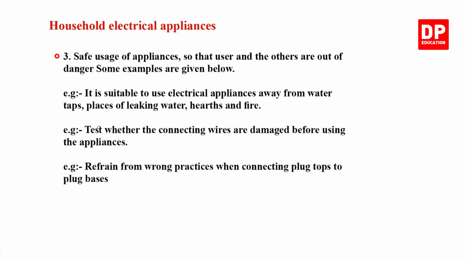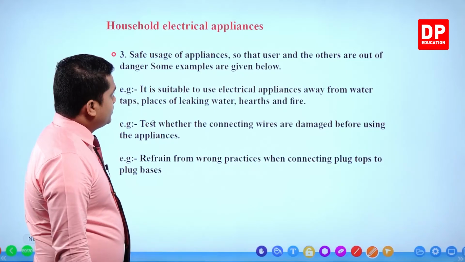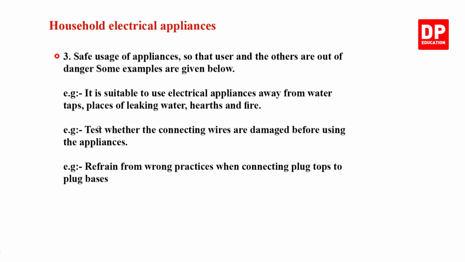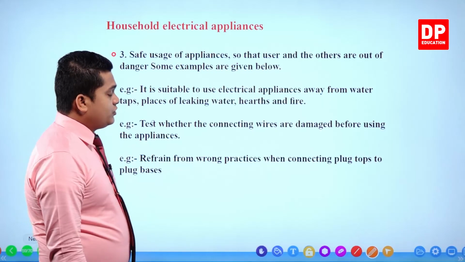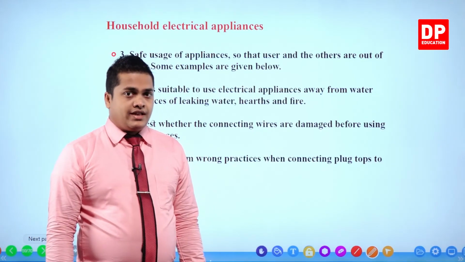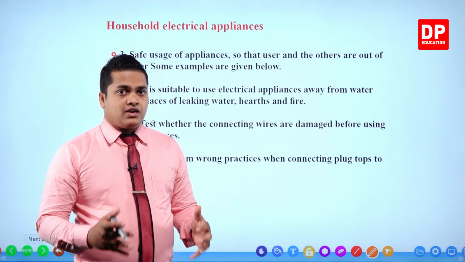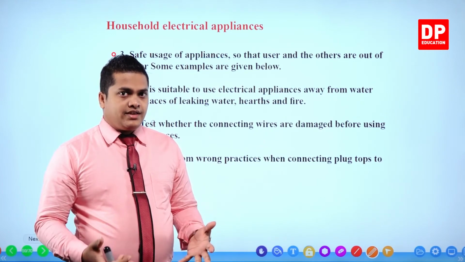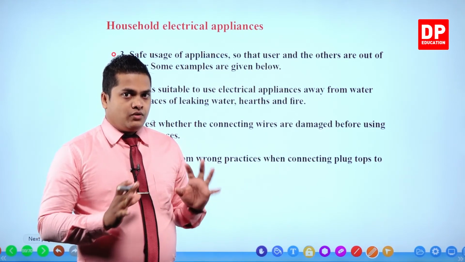Then safe usage of appliances so that the user and others are out of danger. Some examples are given below. When we are selecting these household electrical equipments, we have to think about the safety of the people who are going to use them. In that case, you have to follow these things.